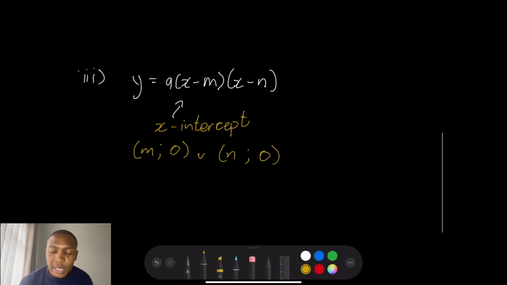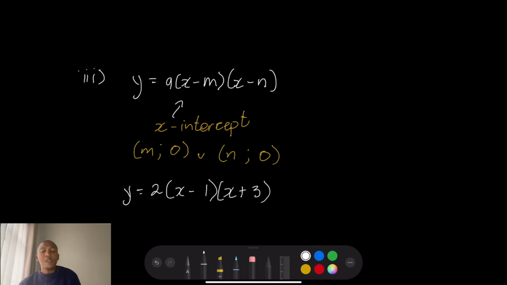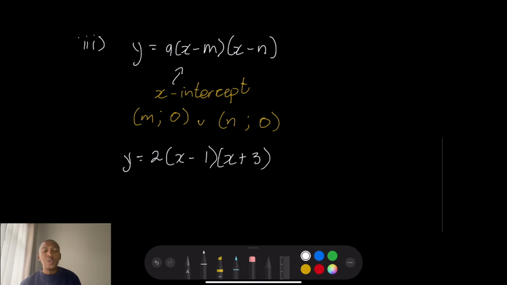So let me just make an example quickly. So if we are given, let's say just for argument's sake, y is equal to x minus 1 and x plus 3, it would simply mean that we would know the x-intercepts here very quickly.